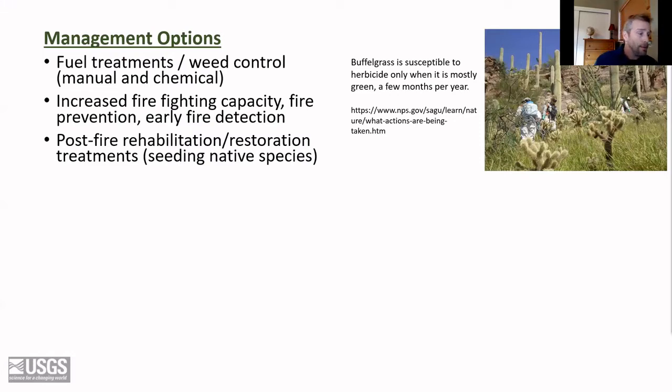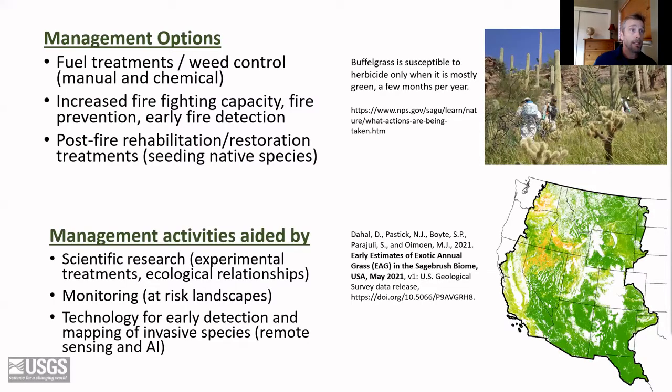So although we won't have time to address management options in great detail, traditional approaches, which have been covered in previous presentations, include mechanical or chemical treatments for fuels reduction or weed control, strategies to reduce fire starts and fire spread, and engaging in post-fire restoration treatments. And these management actions can be aided by data collection and scientific research that provide a better understanding of basic ecological relationships, such as the effects of climate, disturbance, and land use and treatments on both the realized and fundamental niches of invasive species.